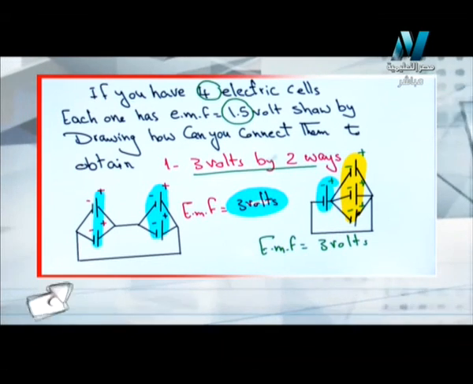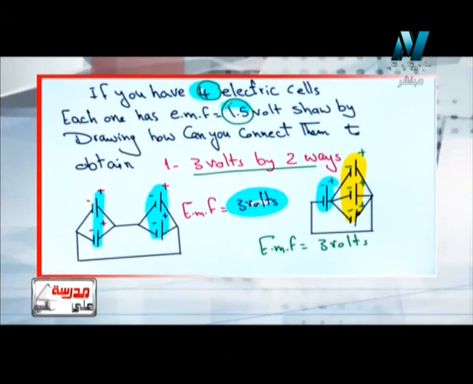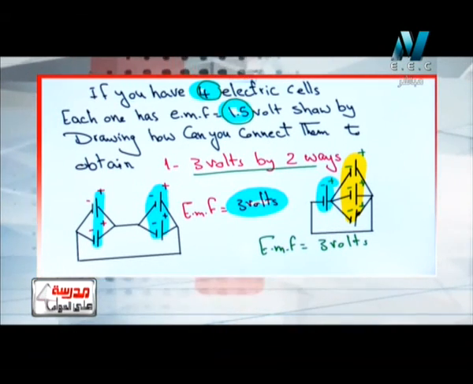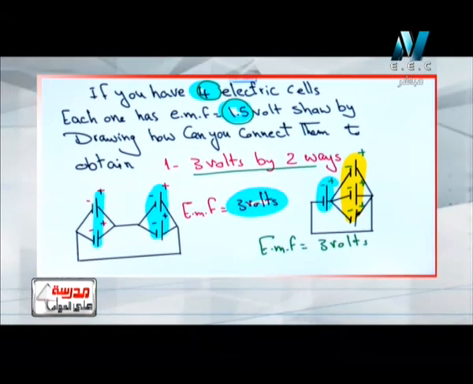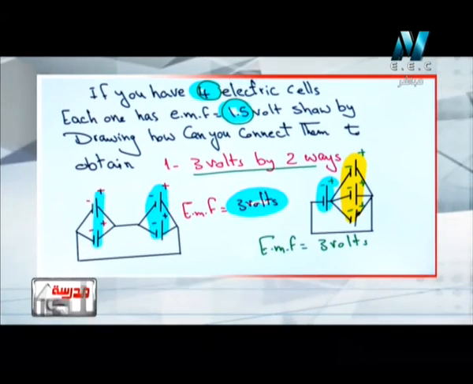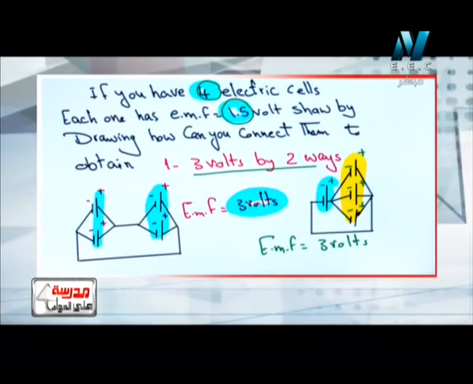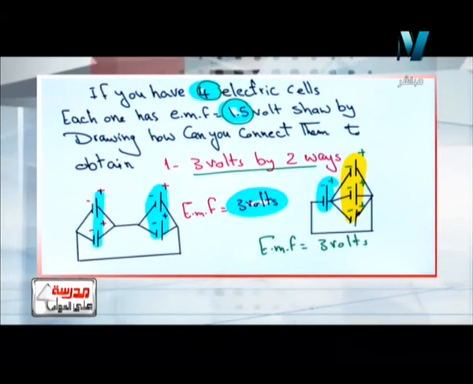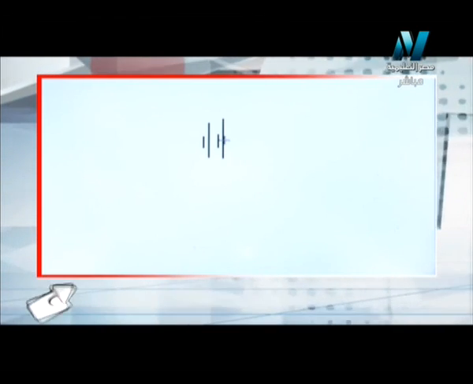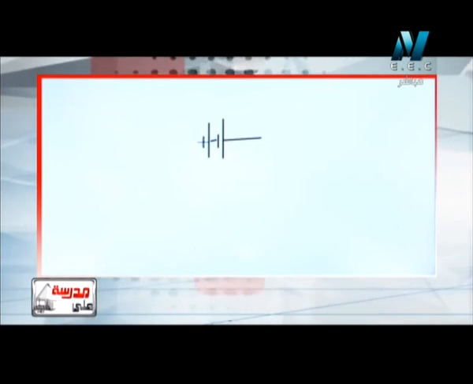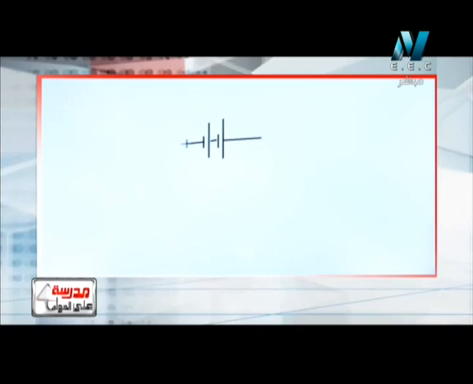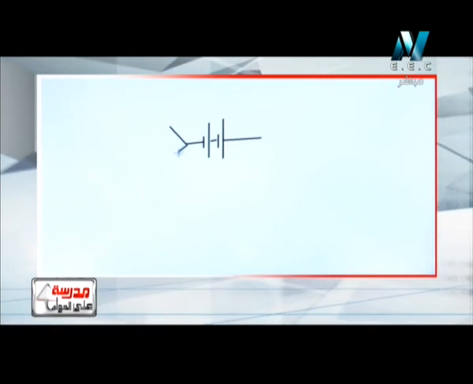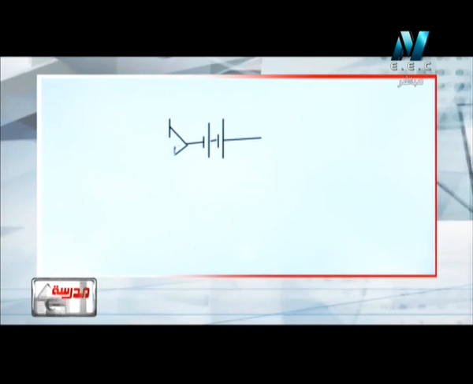Suppose from the same problem we have to obtain 4.5 volts. Someone tells me I want 4.5 volts. I tell him 4.5 is easy. In this case we have, as we see here, 2 in series giving 3 volts, and we connect with them 2 in parallel, as we see. They are 4 cells.